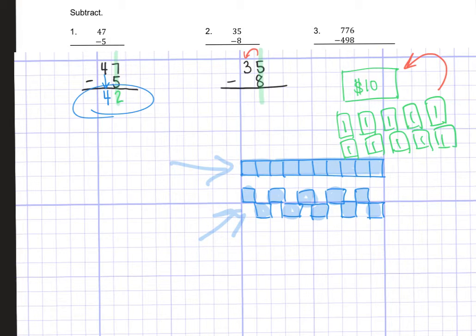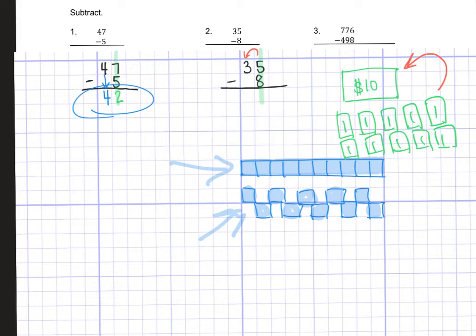So what the ATM does is it says, okay, I'll let you borrow, but in the bank, I keep all my money in tens. When you take it out of the bank, you have to keep all your money in ones.